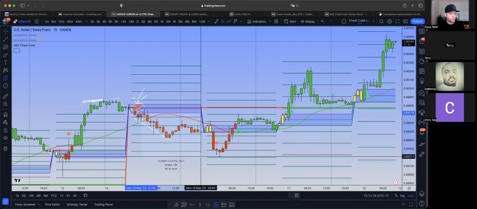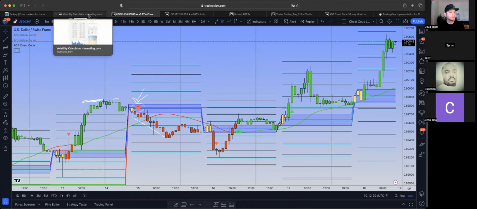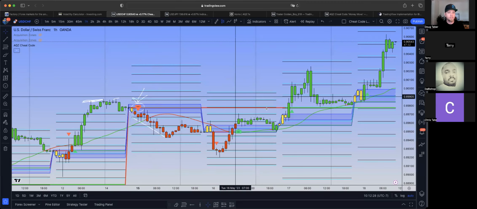So that hit our target the following day. 50 pips was hit. So that's the targets that I suggest when trading this system. 50 to 75% of the average daily range is what you want to be targeting daily.